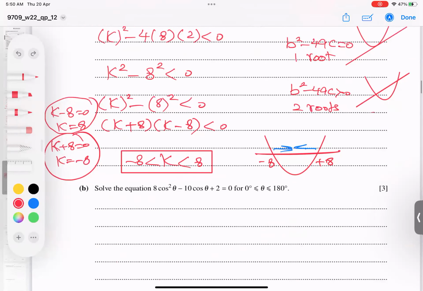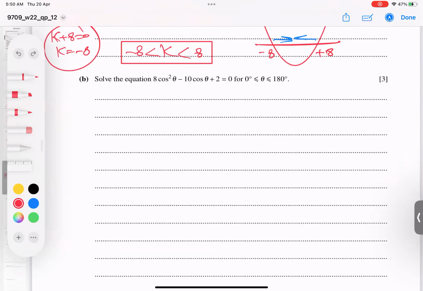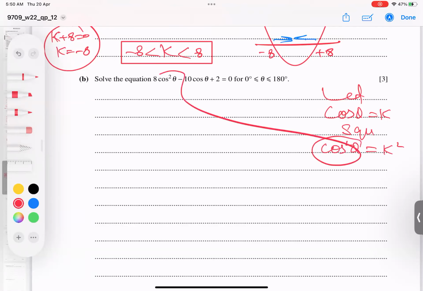And let's go for the next part. The next part is saying solve this trigonometric function. So let cos x equal k. If I square both sides, the right-hand side gives k square, and the left side I get cos square. This cos square is the same, so I can replace it with k square here.